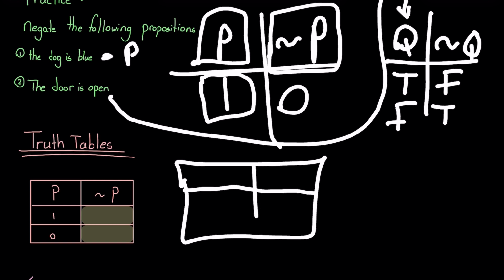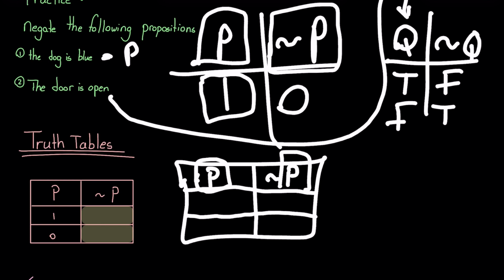If we have P and we have not P, for the number of propositions we have, which in this case is just one proposition, because not P is just something we do to that same proposition, but it's not actually a different proposition. So with that one proposition, we have 1 and 0, okay? And when it's not P, we can just negate that. So you get the negating part.